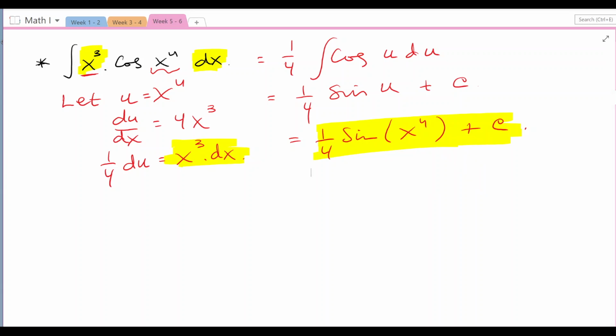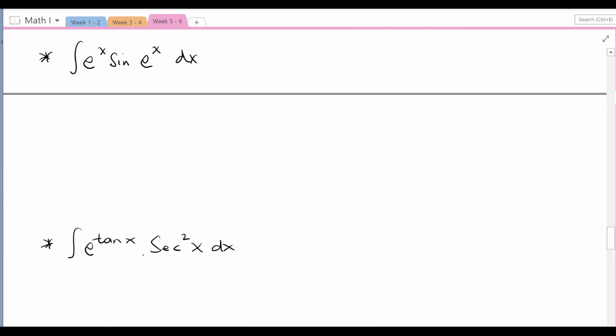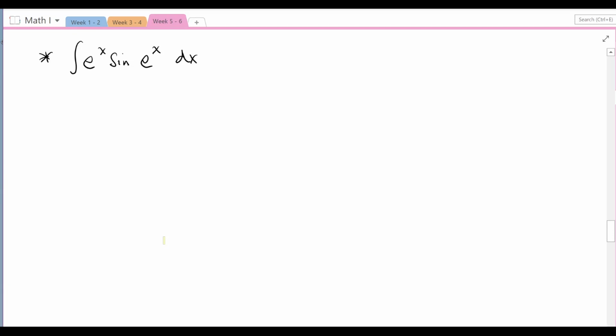Let's see another question. The integral of e to the power of x times sine e to the power of x. In here again, we better let our u be e to the power of x.